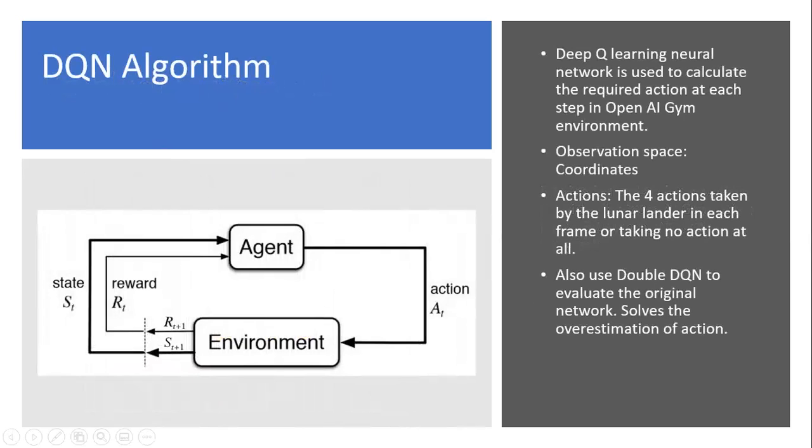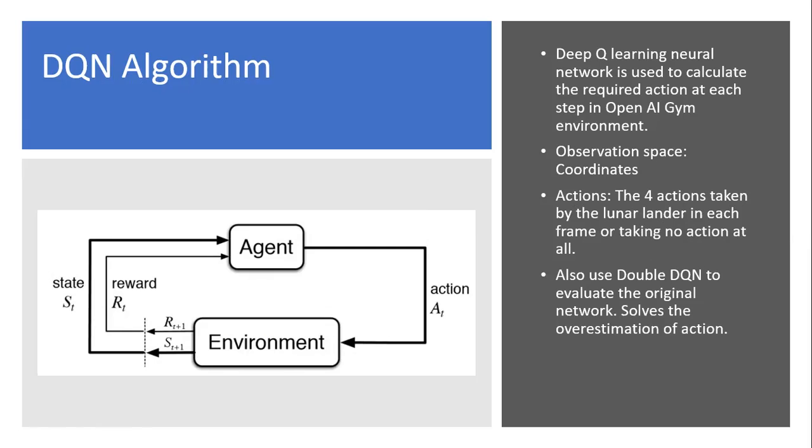DQN algorithm. Deep Q learning neural network is used here to calculate the action at each step using the OpenAI Gym. OpenAI Gym is an environment that we use here.